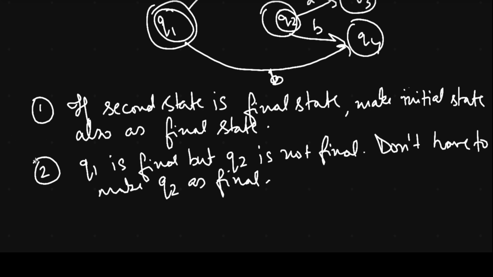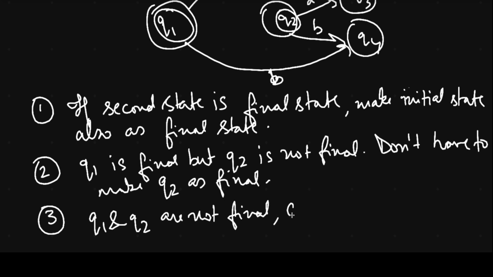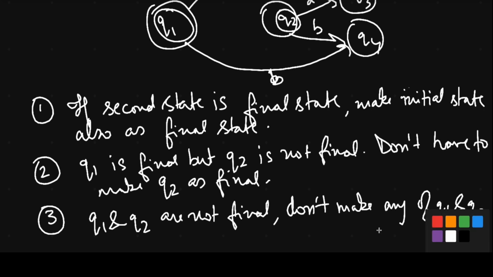Okay, got it? Now one more rule: suppose both Q1 and Q2 are not final. So here also don't make either of Q1 and Q2 a final state.